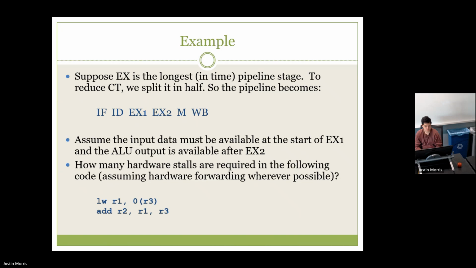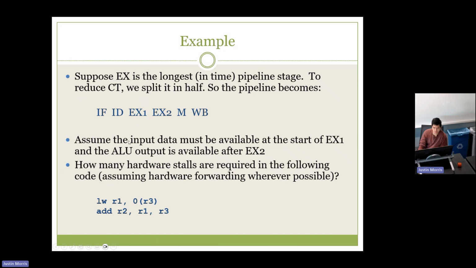All right. So this is similar to a question on your homework, right? We suppose that execute is the longest time in the pipeline stage. To reduce the cycle time, we're going to split it in half. The pipeline is going to become fetch, decode, execute 1, execute 2, memory, and write back.